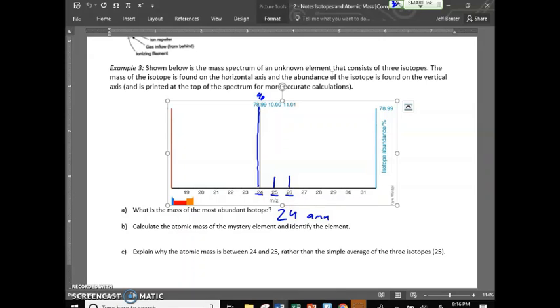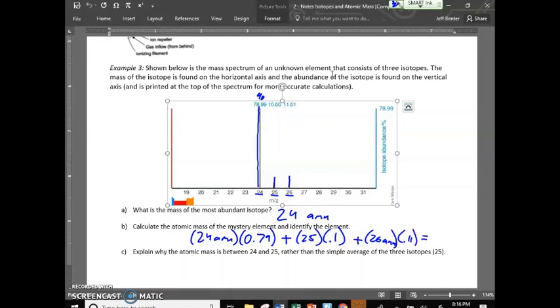So you would take the mass of each isotope, we'll say 24 AMU, and multiply by its percent. I'm just going to use 0.79 for 79%. Then we're going to add to that the 25 AMU one, and that's 10%. And then the 26 AMU one, which is 11%.